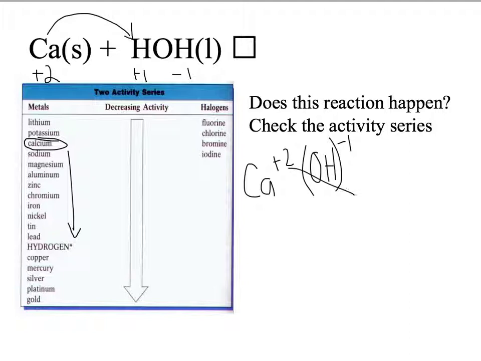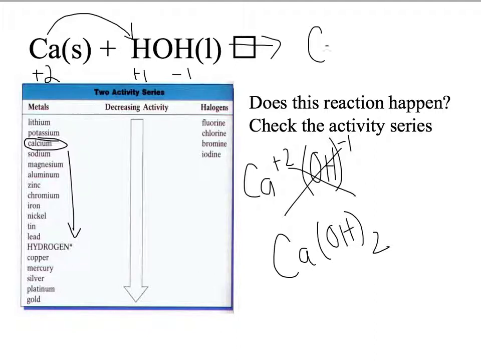We do a crisscross here, and this becomes Ca(OH)2, plus whatever's left over, hydrogen, which is H2. We need to make sure there's that many hydrogens and that many hydroxides, so we put a 2 there, and now it is all balanced. Beautiful. We're almost done.